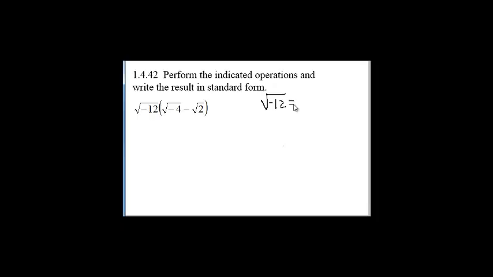Well, we're going to simplify that by breaking it into 3 radicals. Because 12 is not a perfect square, we're going to need 3 radicals. In the first radical, we're going to put the largest factor of negative 12 that's a perfect square, and that's 4. In the middle radical, we're going to put negative 1.